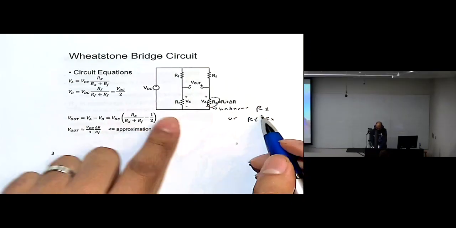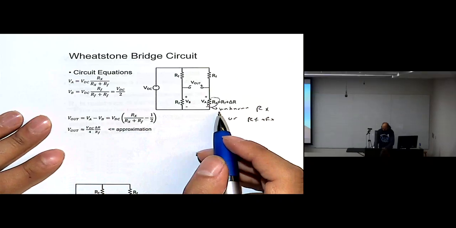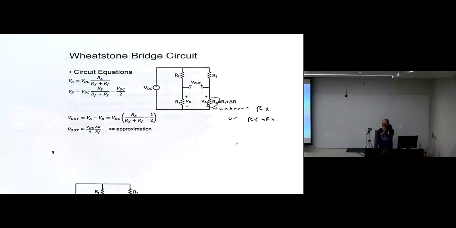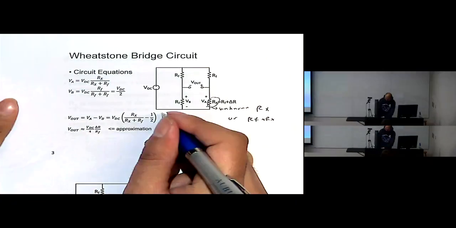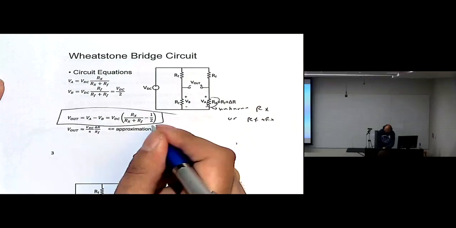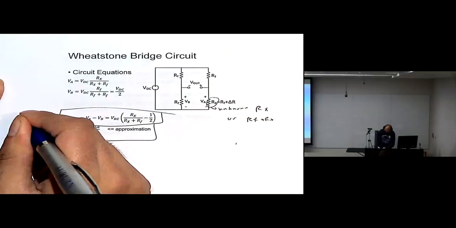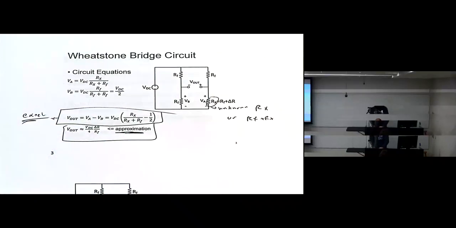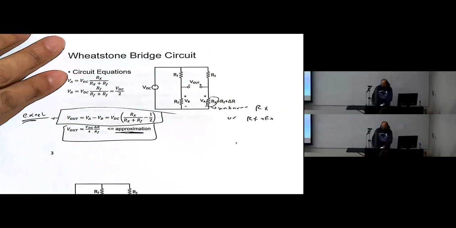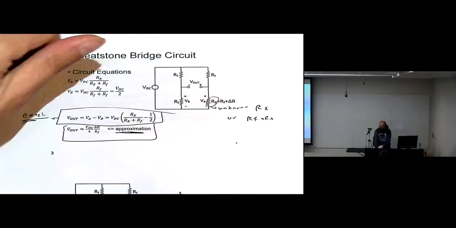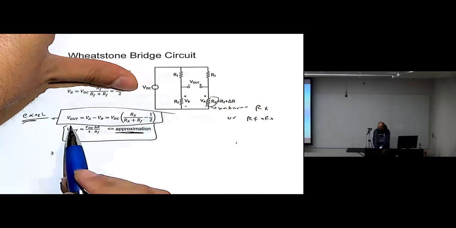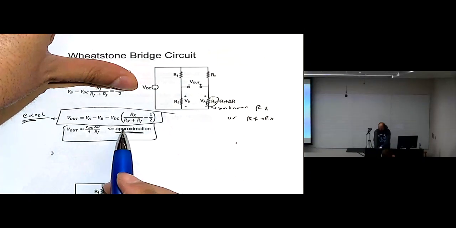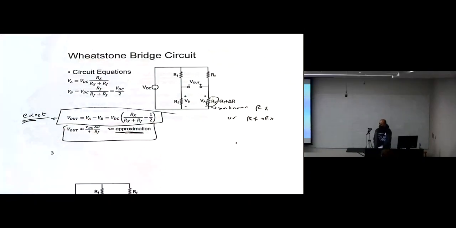I don't want to go into the derivation, but there are 2 formulas for that. This one is the exact formula, and this one is the approximate formula. You are not required to know the derivation. What you are required to know is the equivalent circuit, and to know V out approximated and V out exact. And you can write them in your note sheets.